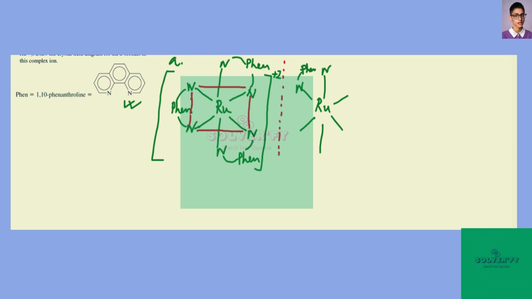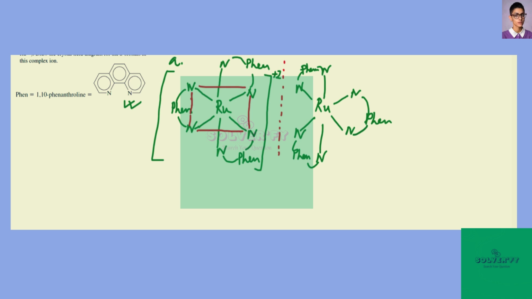This is one molecule, and this nitrogen and this nitrogen are part of the same ligand PHEN, and this nitrogen and this nitrogen should be attached to PHEN here again.